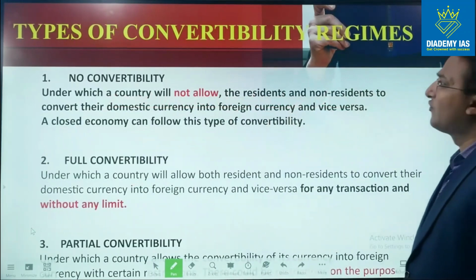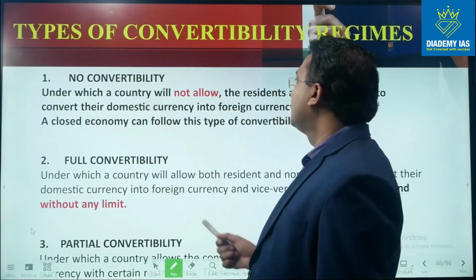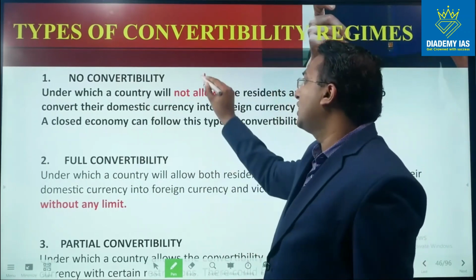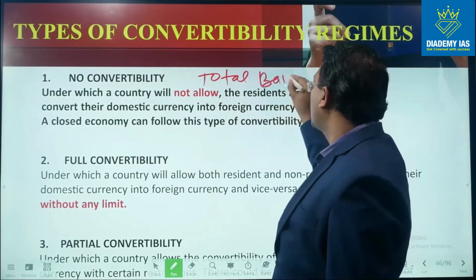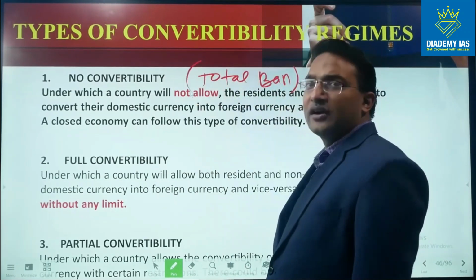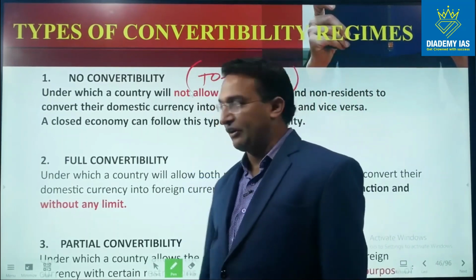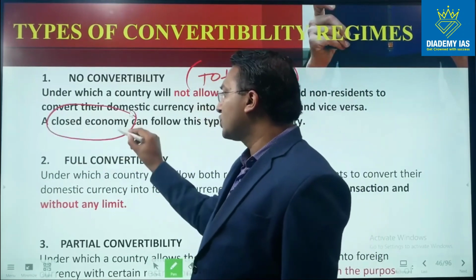Now there can be three kinds of convertibility regimes. First, no convertibility, that means there is complete restriction, a total ban. It is possible in countries like North Korea, which are isolated countries that do not have free flow of business with different countries; these are basically closed economies.